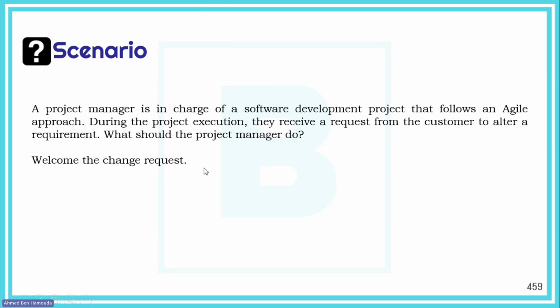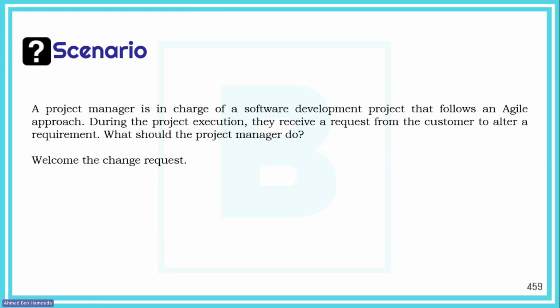Now, how are changes made in Agile? It's very easy. Once there is a request for a change from a stakeholder, from the customer, or some users, usually the product owner or the project manager receives this change request.